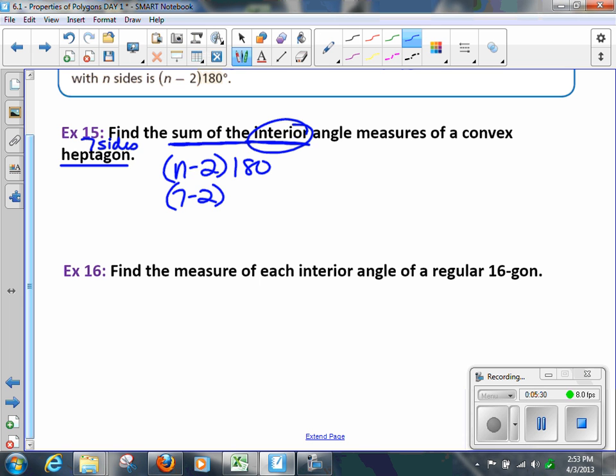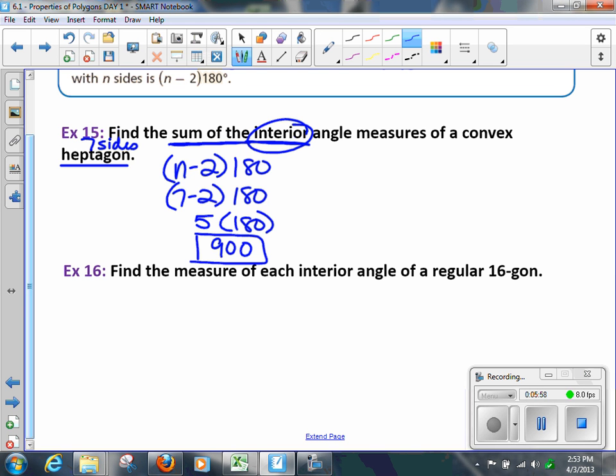Which is 5 times 180. If you don't have your calculator, this is not going to be fun to do. What is 5 times 180? 900. Isn't that easy? So that means in a 7-sided figure, if I add up all of the angles, they are going to total 900 degrees.